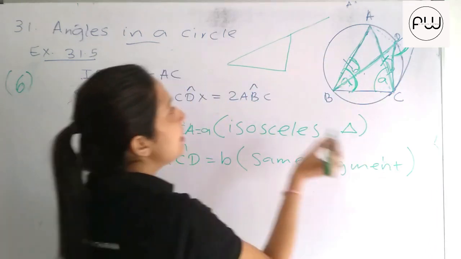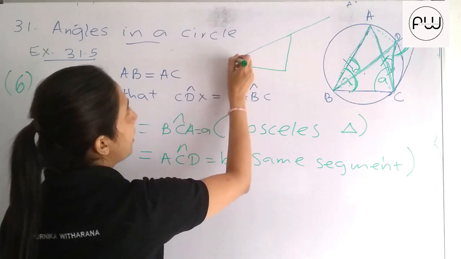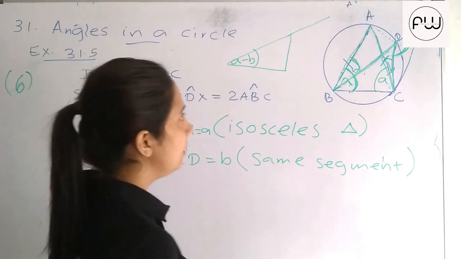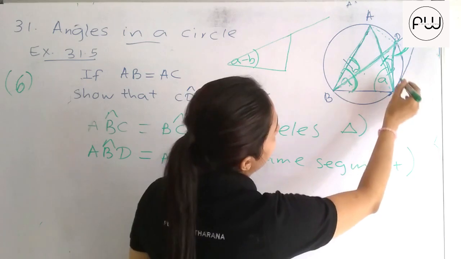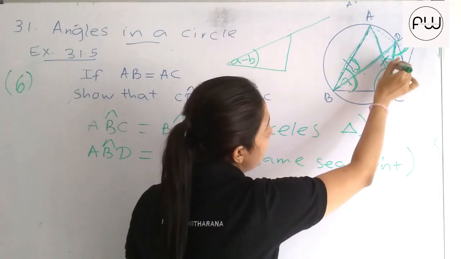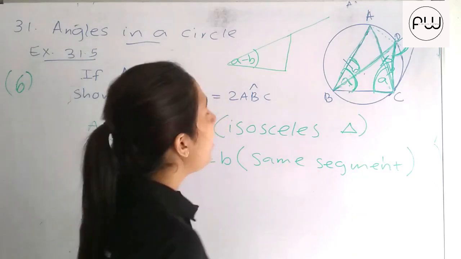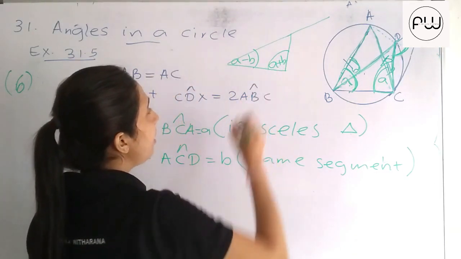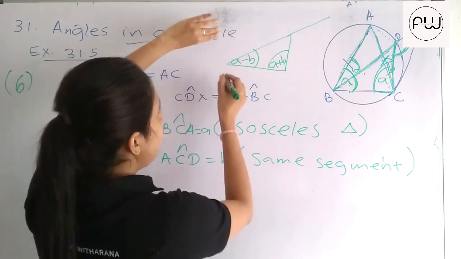Then it's A minus B. Then this angle should be A minus B, and considering this triangle, this angle should be A plus B. Right?